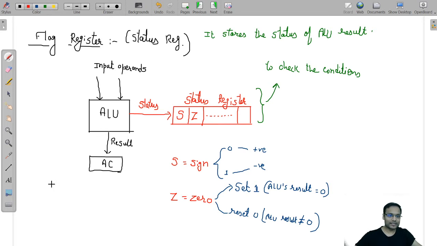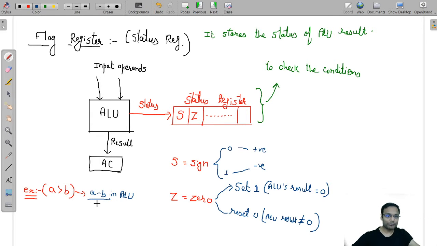Suppose I'm just taking a simple example. Suppose you want to check if A is greater than B or not. What will my CPU do? CPU will perform A minus B in the ALU, and the status of this result will be checked.